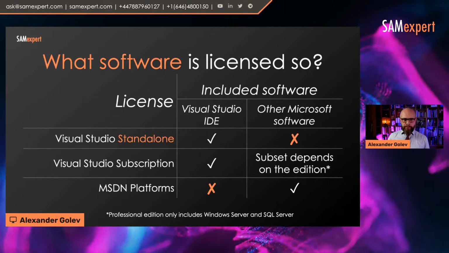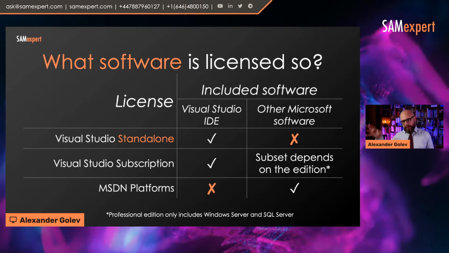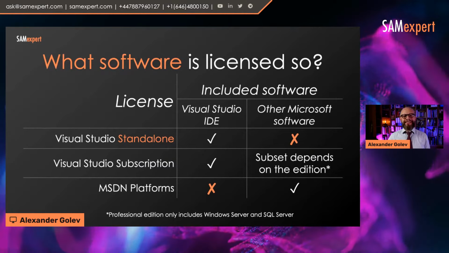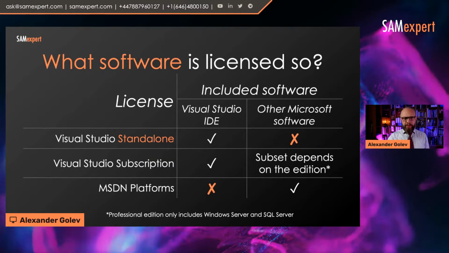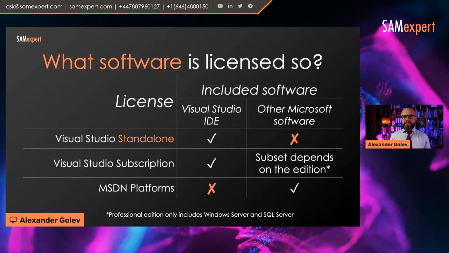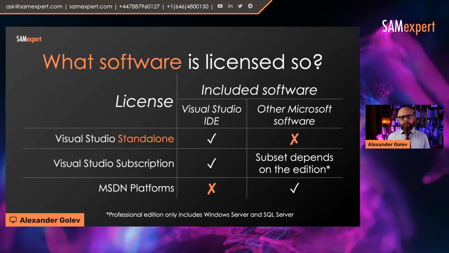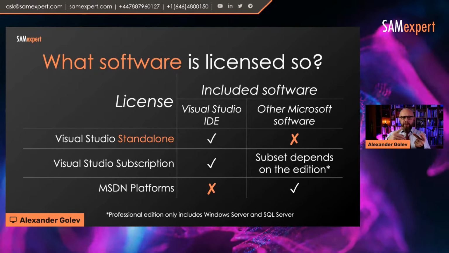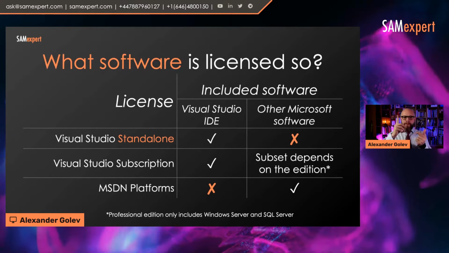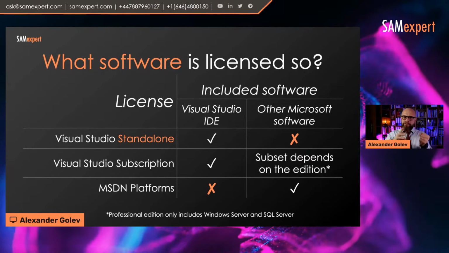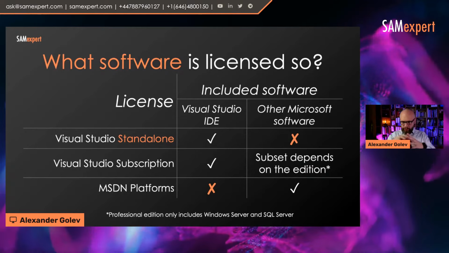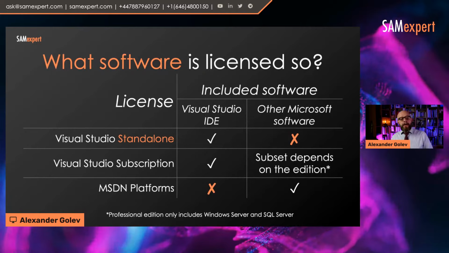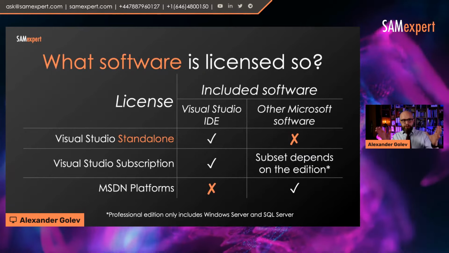As a general line of thought, with the exception of CSP, which we'll talk about later, if you buy Visual Studio through, say, an Enterprise Agreement or MPSA, if you buy subscriptions, you will also get rights to deploy unlimited copies of other Microsoft software, say Windows Server, SQL Server, Dynamics, SharePoint, Office, Visio, and all that jazz, almost all the Microsoft stack, depending on the level of your subscription, in an unlimited number of copies for the same purposes.